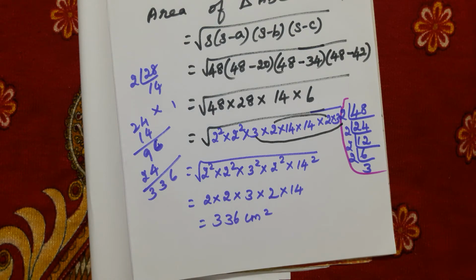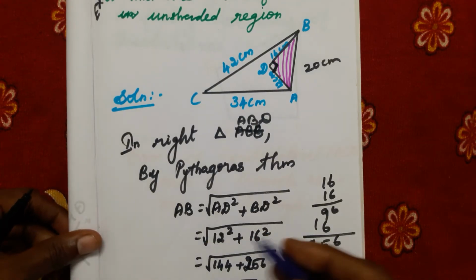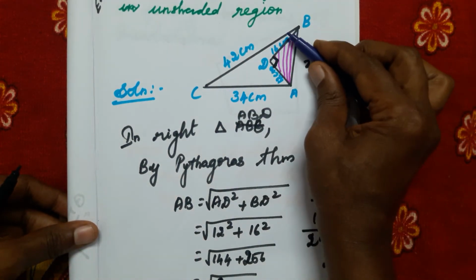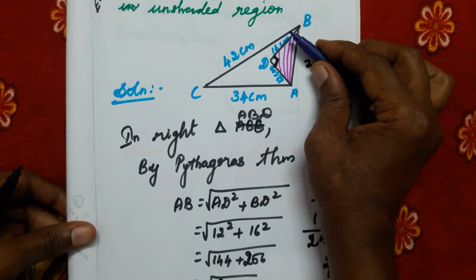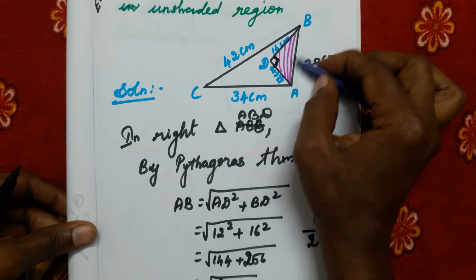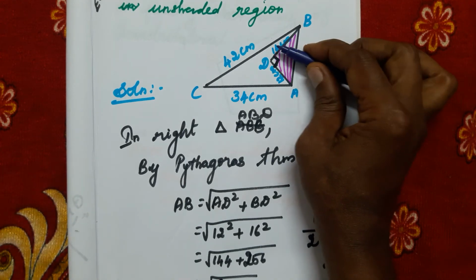Next, what do we want to find out? We found the area of triangle ABC, 336 centimeters squared. Now we want to find the area of triangle ABD.